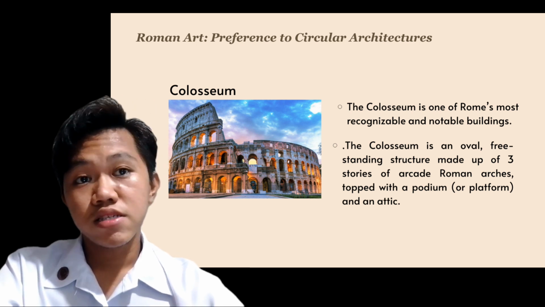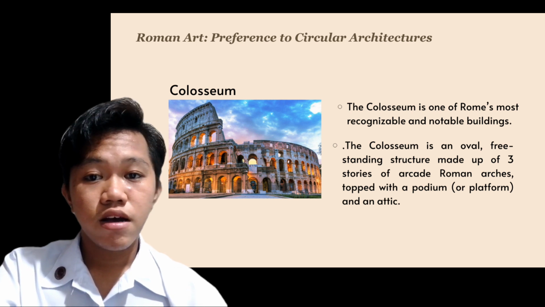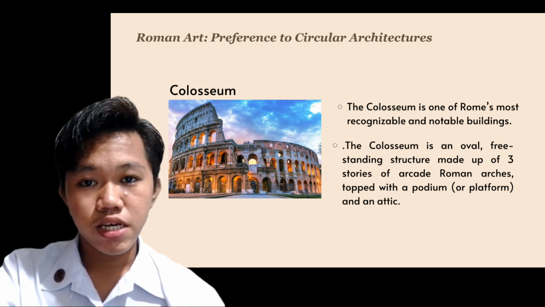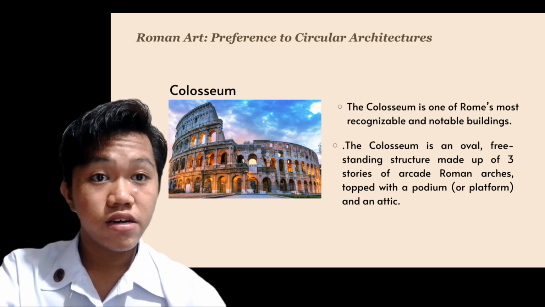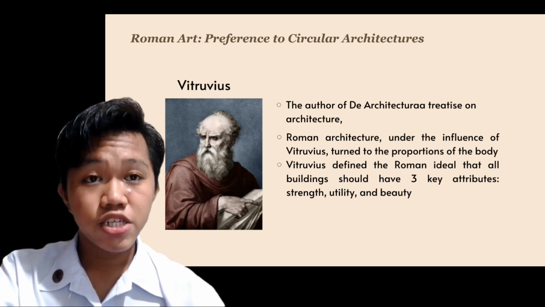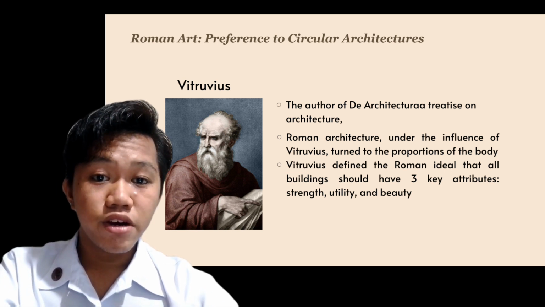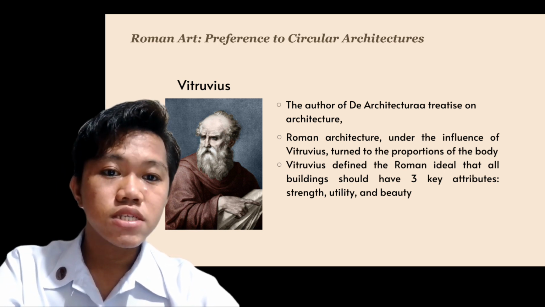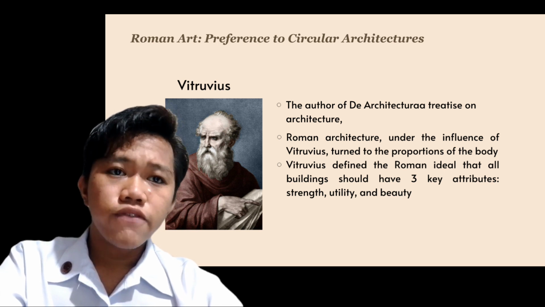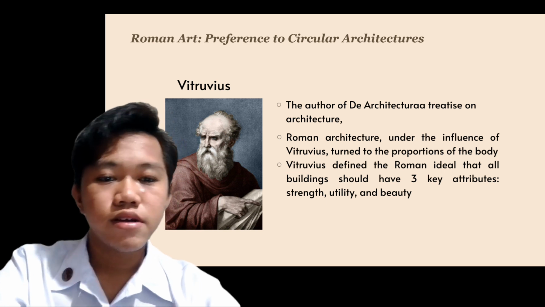So now let us know one of the famous architects in Roman history. So we have here Vitruvius. When it comes to classical architecture, no one person was more influential than the Roman architect and engineer Vitruvius, the author of the Architectura, a treatise on architecture.